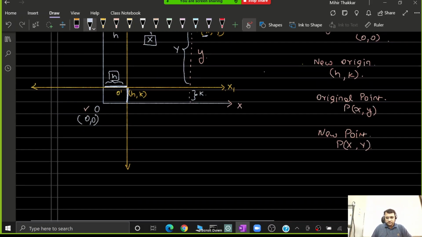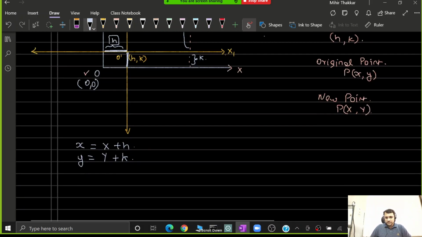Therefore, x is equal to capital X plus h, and the old value of y is equal to the new value of y, capital Y, plus the new origin value k.